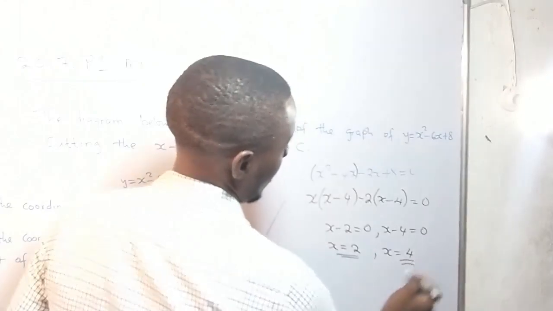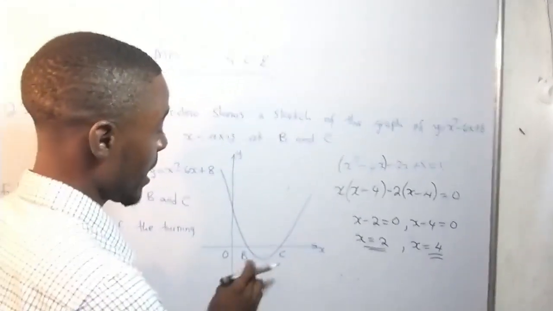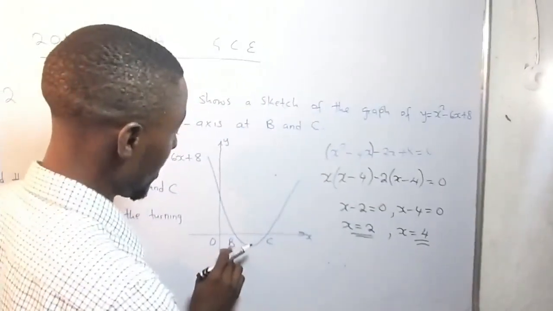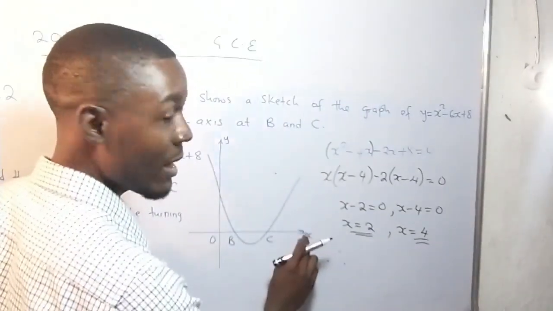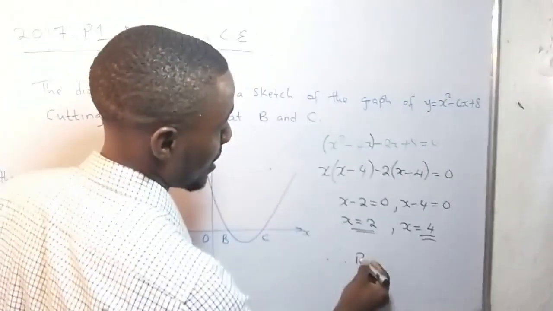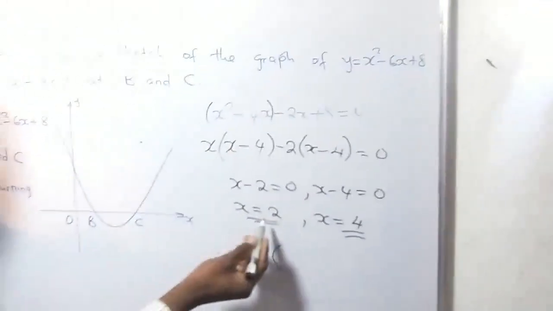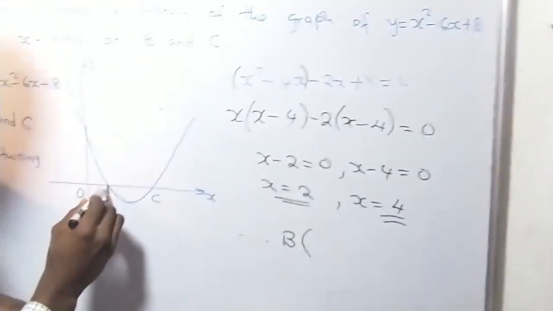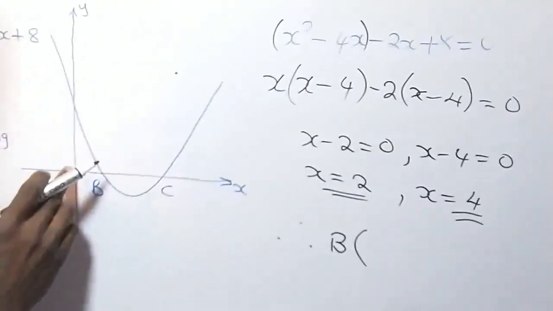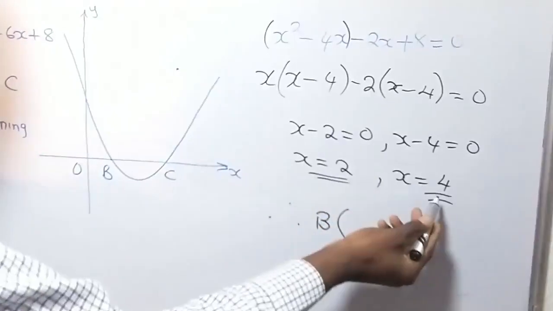Therefore, since we are told to find the coordinates of B and C, we know that on the x-axis the value of y is 0. Coordinates always start with the x value. The x value is 2, since B is nearer to the 0, so it takes 2 instead of 4.